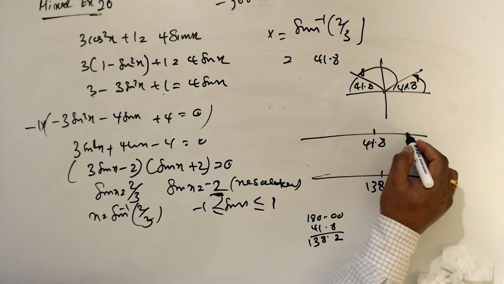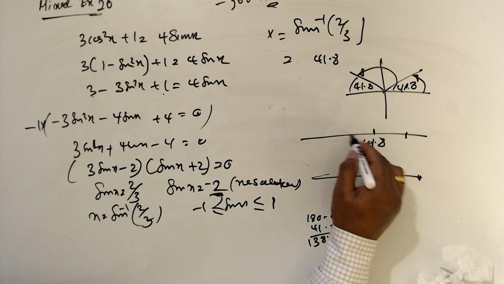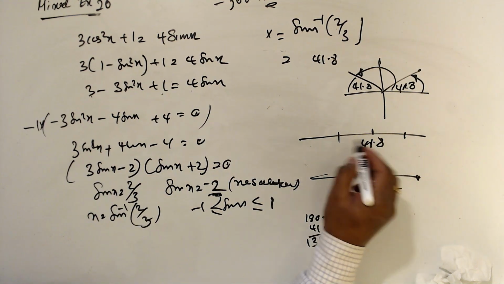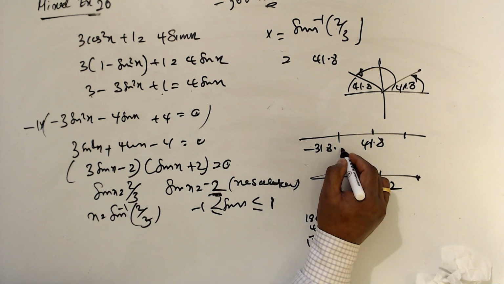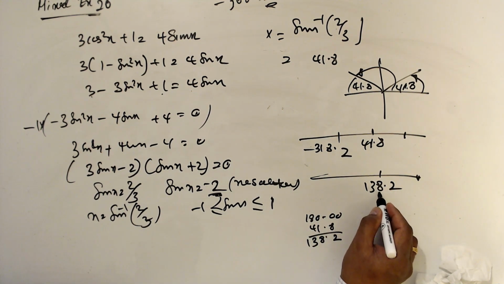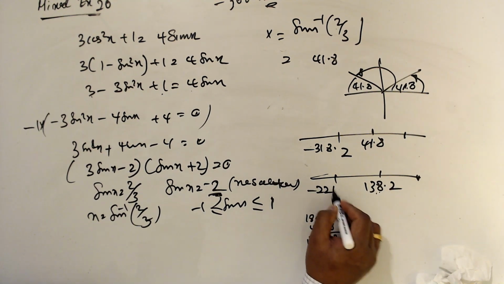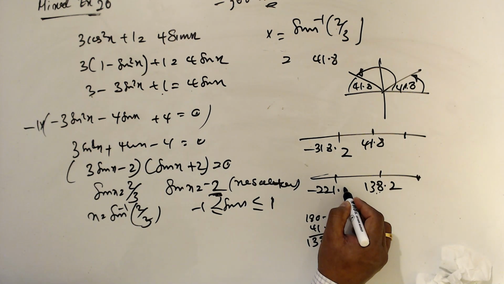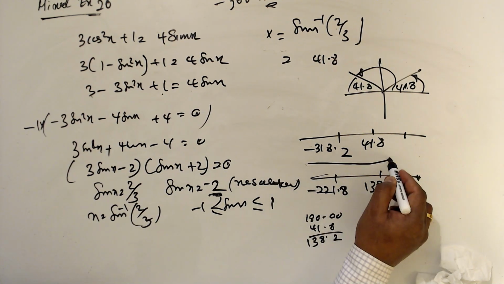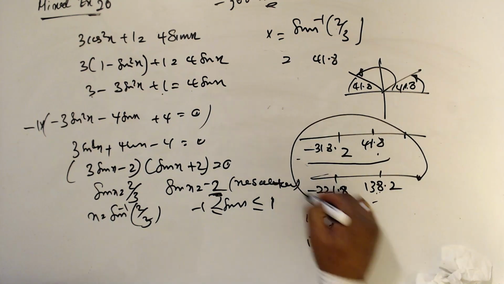So if I add 360 to 41.8, it is out of range. If I take 360 out from here, it is minus 300.2. And if I take 360 out from here, it is minus 221.8. So those are the four answers for this equation.